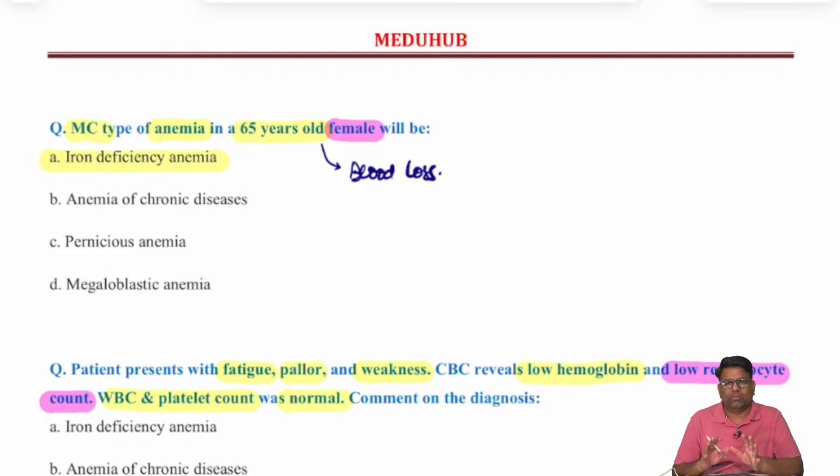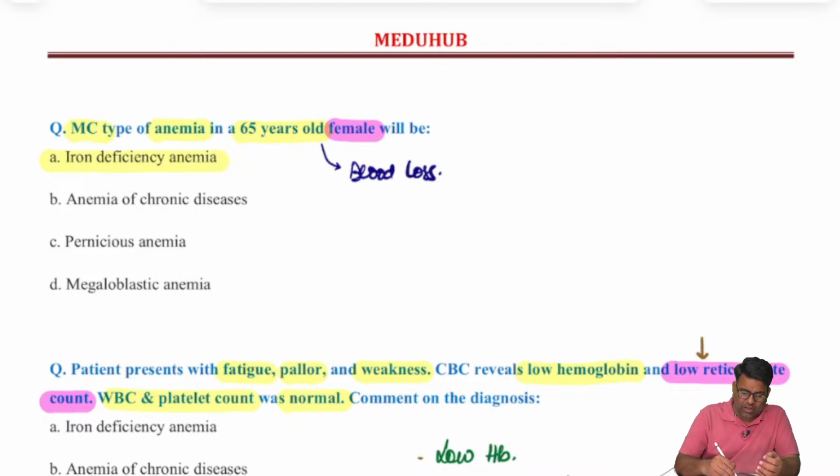So it means there is some pathology which is especially affecting the erythroid line only. The WBCs and platelets are produced normally, right? What you are getting here is low hemoglobin, and second important point is reticulocytopenia, low count of reticulocytes. So the moment you get these two words, the answer has to be pure red cell aplasia. Okay?